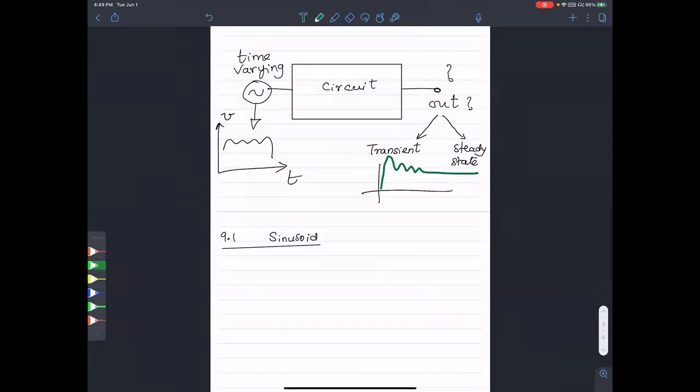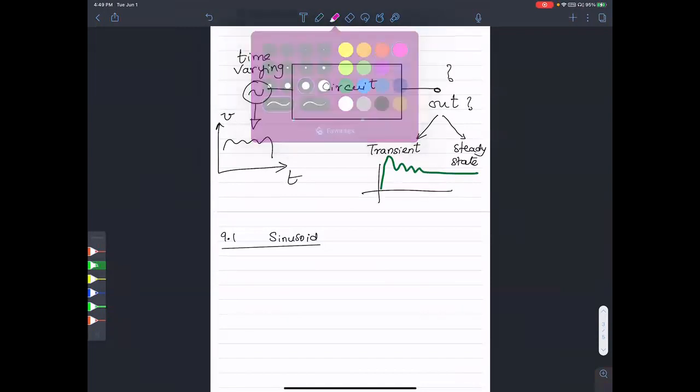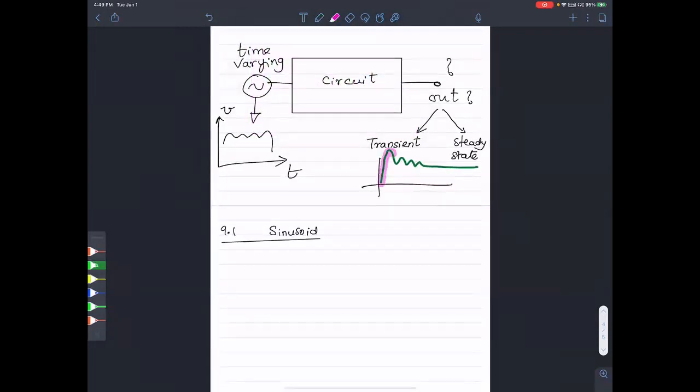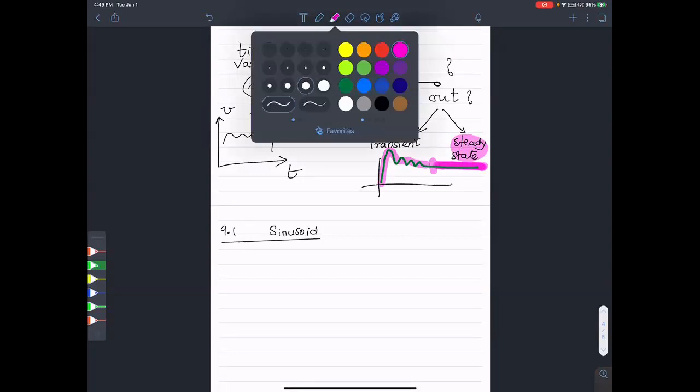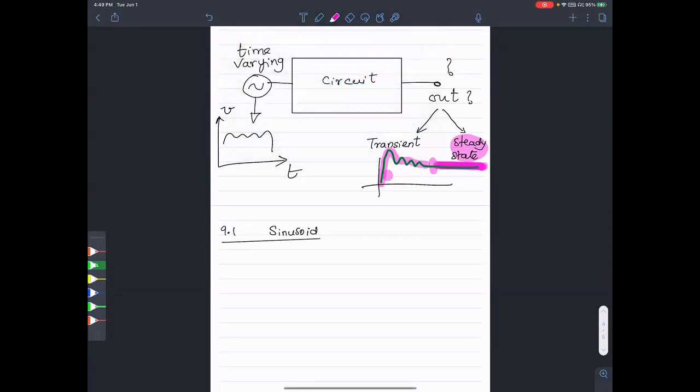You see, there are two aspects to this output. The first aspect is where the output is varying, and then the second aspect is where the output is constant. So that's the steady state aspect, and then this is the transient aspect.